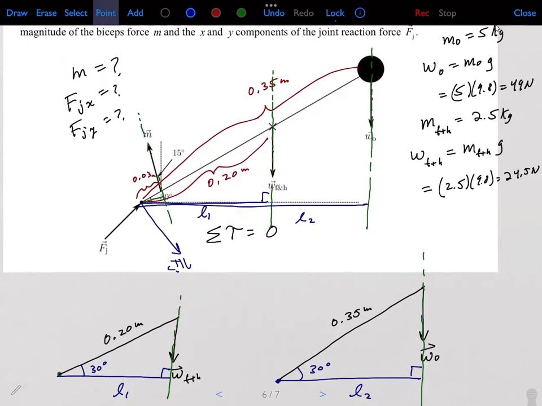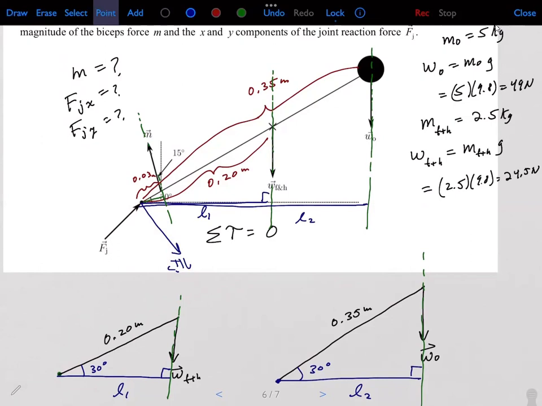And that's what we used to figure out the muscle force and then the joint force. We found the components. By the way, once we have the components, you could also find the actual joint force, the magnitude and direction, by using Pythagorean theorem and inverse tangent, but I didn't ask for that. But you could convert it to polar form and find the magnitude of that joint force and the direction. Okay, so you could do that as well.